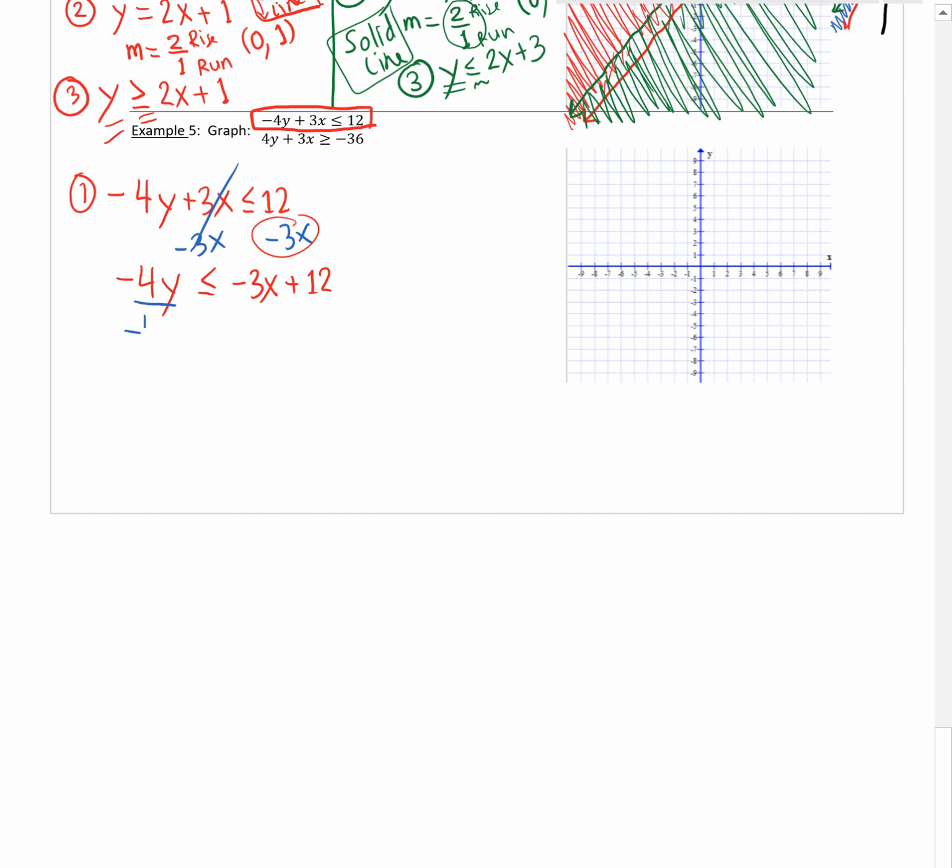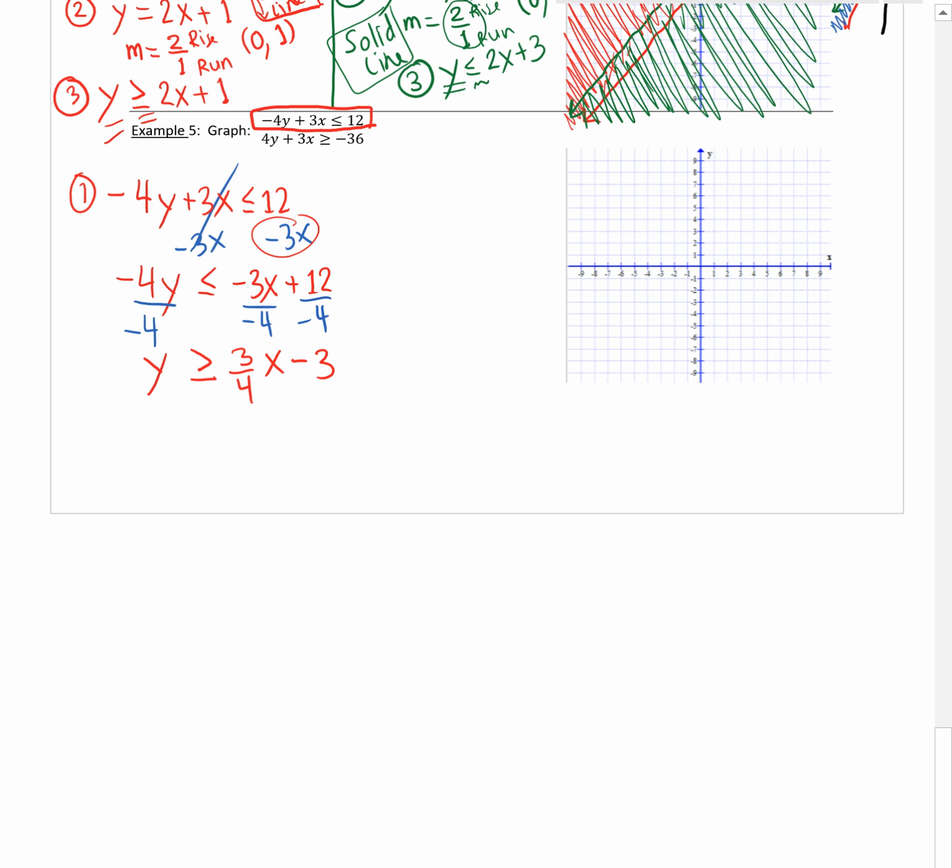And then the last step to get y by itself will be to divide by negative 4, every single term. And at this point I have divided by a negative number, right? That means I have to flip this inequality. It's no longer less than or equal to, it's now a greater than or equal to. And the next term I have a negative 3 over negative 4, that's positive 3/4 x. And then a 12 over negative 4, that's negative 3.